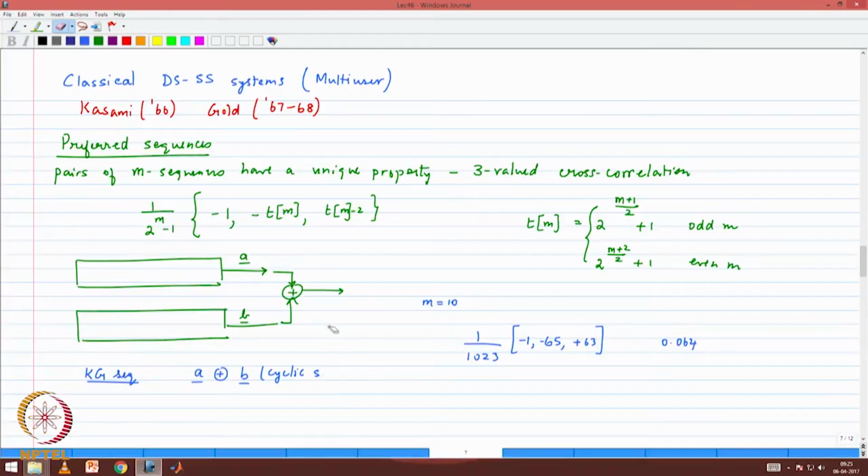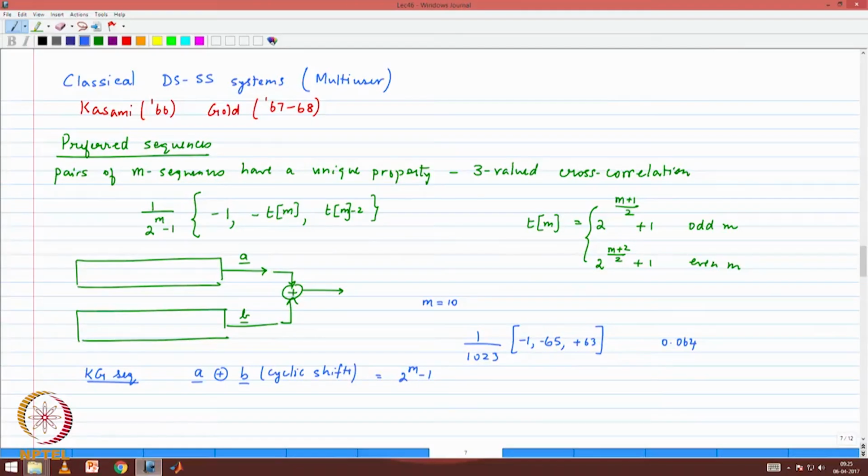Okay, and of course you can get 2 power m minus 1 cyclic shifts. So this basically will give you 2 power m minus 1 combinations.